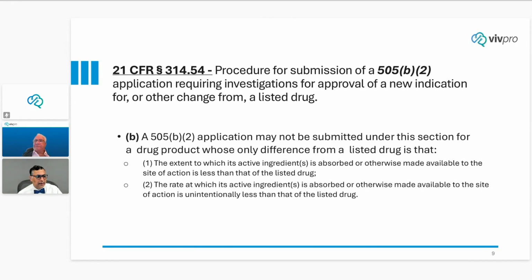For fixed dose combinations, what if the indication is different from that of one of the individual components? So you want to basically develop a new indication. If the indication could be supported by a PKPD study, you could use that route. Otherwise, if you could not have a PKPD relationship, or it's not known, then you need to do a clinical trial to show that your combination is safe and effective.